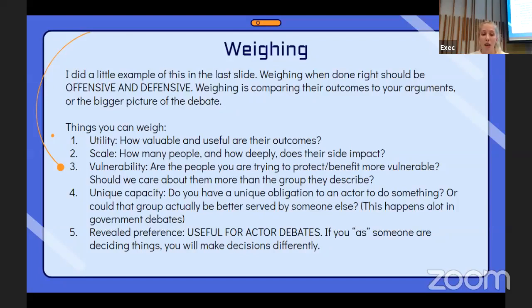Another way that you could weigh a debate is by looking at unique capacity. Unique capacity is when you have a unique obligation to an actor to do something, or whether that group could be better served by another group. Actor debates will often have quite heavy weighing around unique capacity, if you as an actor are the best person to help this group. The best example I can think of is debates at joint, where the house is the New Zealand government, or something about the government starting a new health entity.